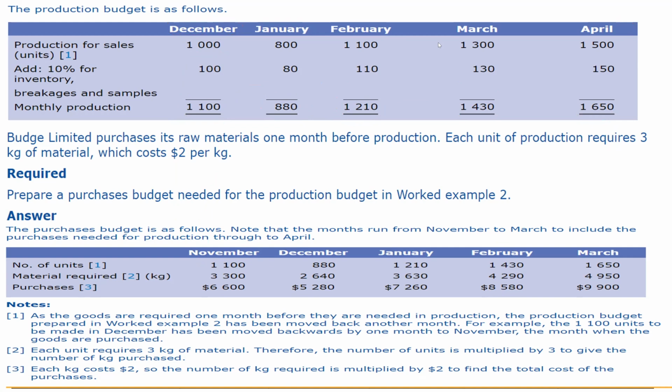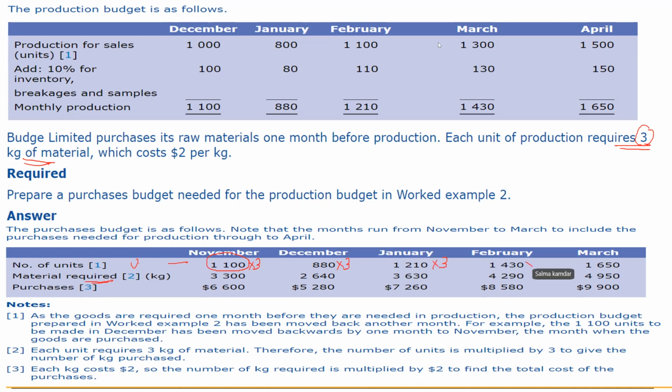So you got the U. Now the quantity of material required. What is the quantity that you need? 3 kg. What are the units that you have? 800, 1100, 1300, 1500. This you will multiply with 3 to get your material required.